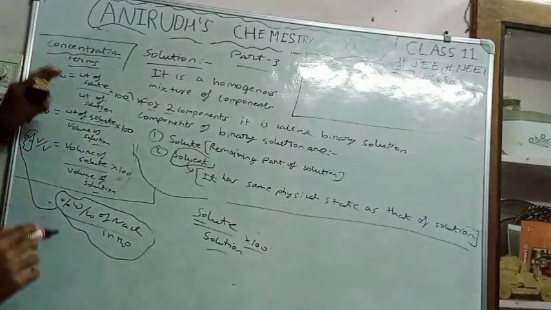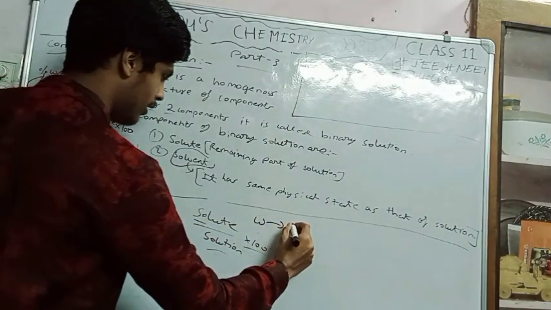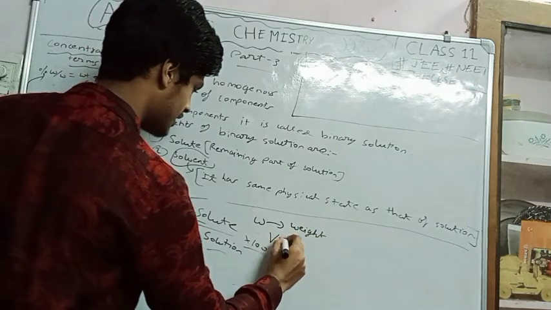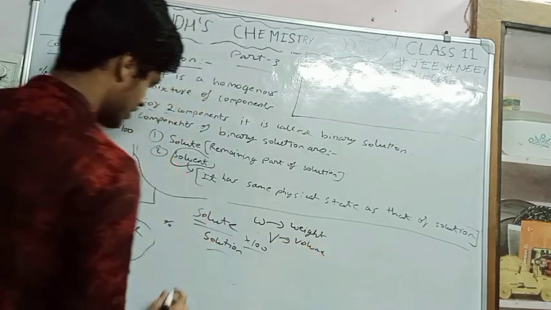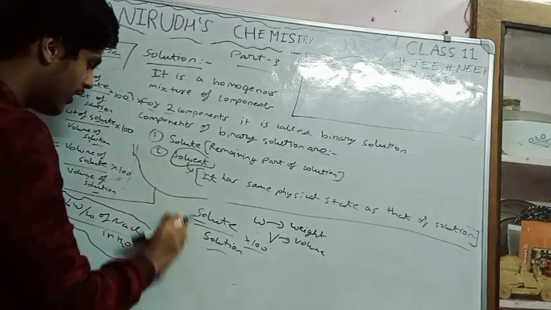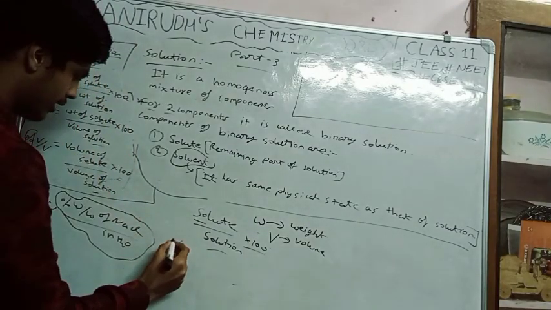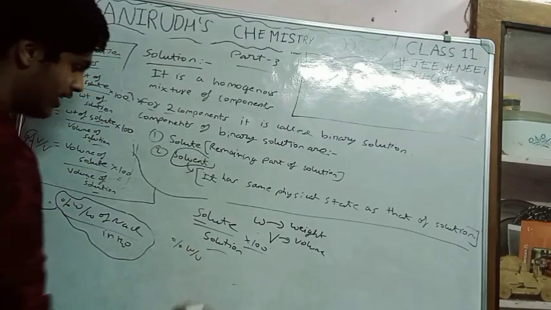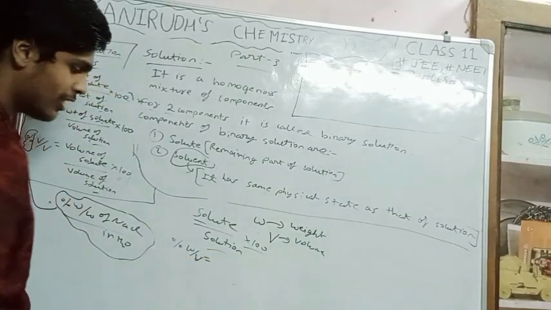But one thing you need to remember is W stands for weight, V stands for volume. Suppose now if I ask you, you don't need to mug up this, you just understand. If I ask you percentage W by V, what is your answer?